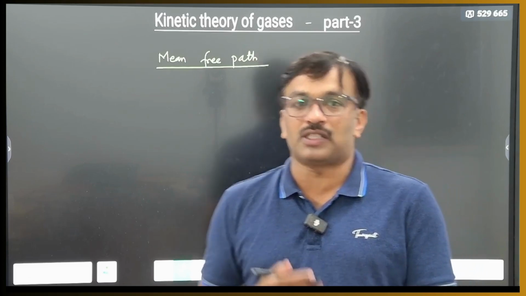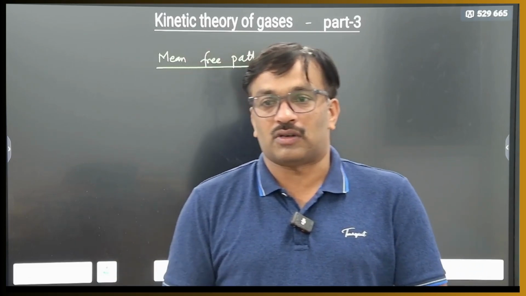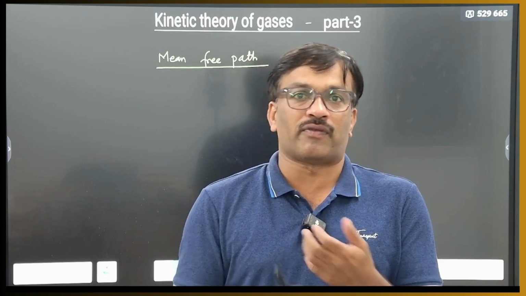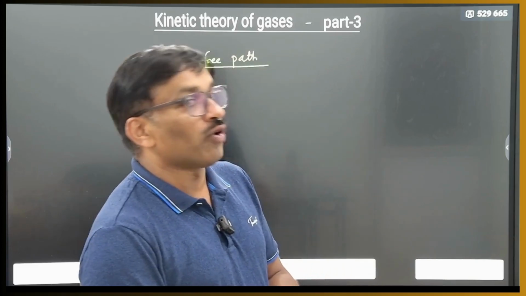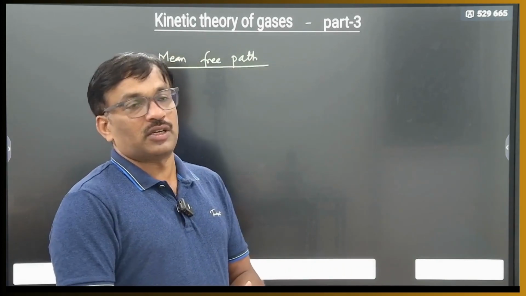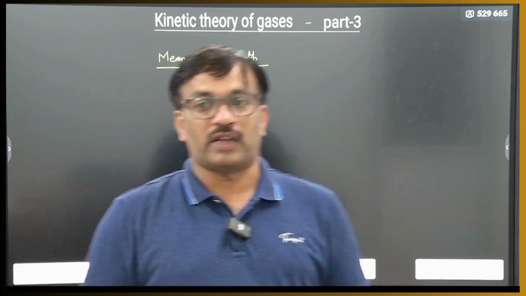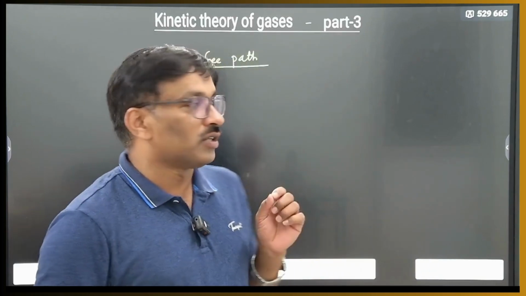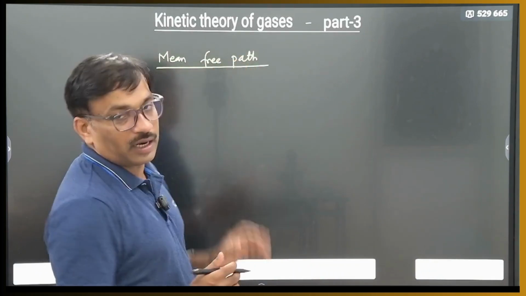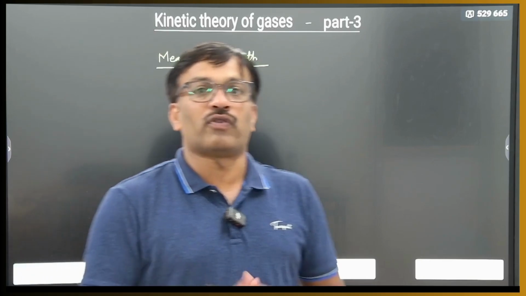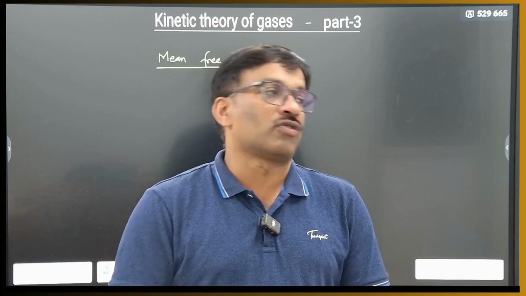Path means total distance. So before colliding from one particle to another particle, the average distance traveled by the molecule is what we call the mean free path. Mean means average. So it is the average distance traveled by the molecule before successive collisions.